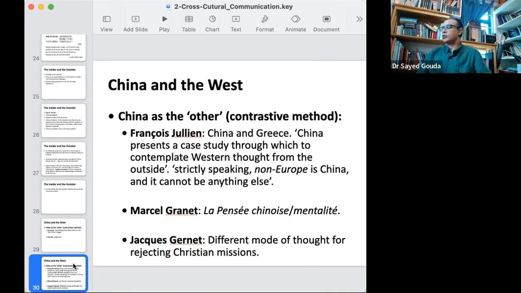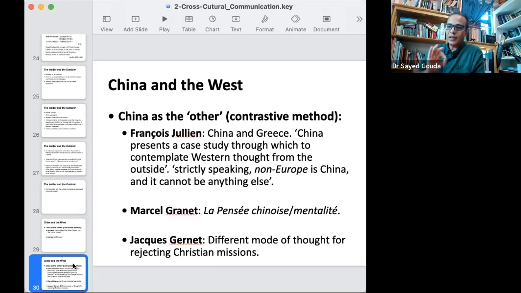Like he introduces two columns, and this is what's done in China, this is what's done in Greece, and they're always completely the opposite, okay? And he says here, China presents a case study through which to contemplate Western thought. Meaning through studying China, because it's quite the opposite of Western culture, we will come to a point where we understand Western thought from the outside.